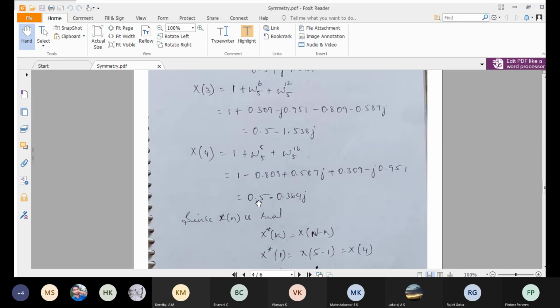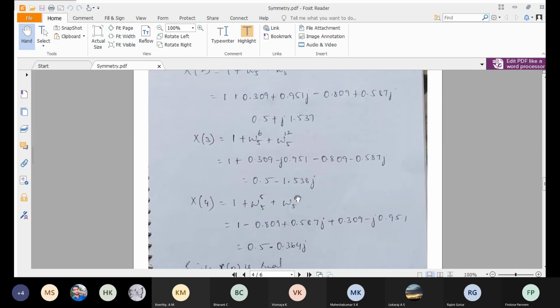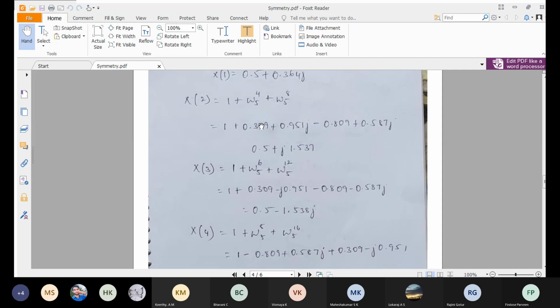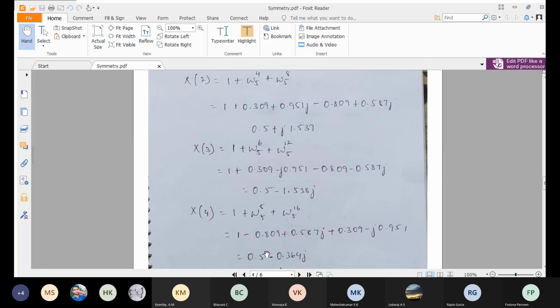So here it is 0.5 minus j 0.364. What is X of 1? X of 1 is 0.5 plus j 0.364.